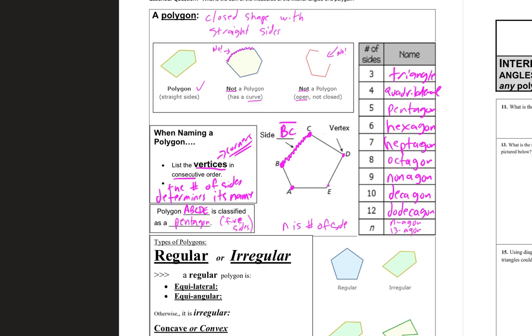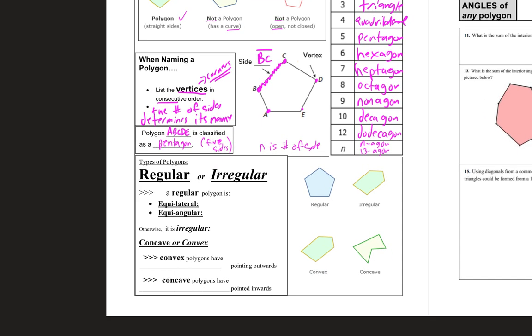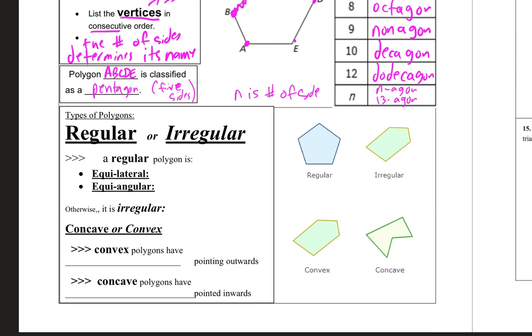Okay, so then there are different types of polygons. We're going to talk about the first one. It's called regular, and then there's irregular. If we see these right over here, this one's regular and this one's irregular.